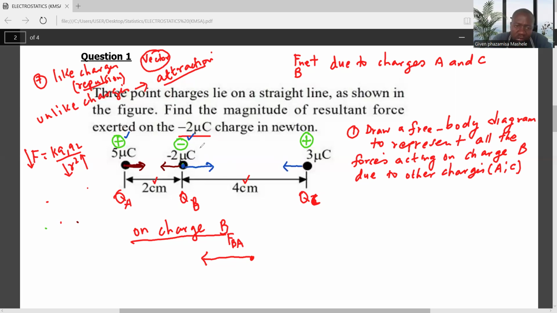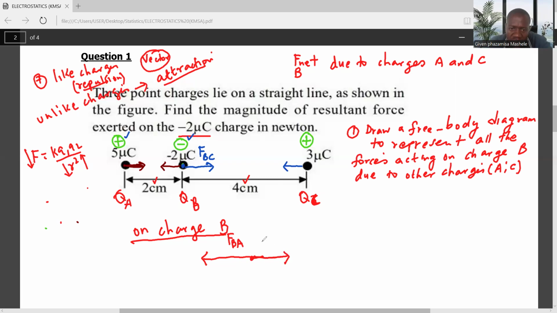So we're going to have the force on B due to C. The force on B due to C will be directed to the right. But now, ladies and gentlemen, which one will have a higher magnitude? Obviously, it will be the force on B due to A because it has a smaller distance. So on this side, we are going to draw another force acting on B due to C, but I'm going to draw it with a small size compared to that one.